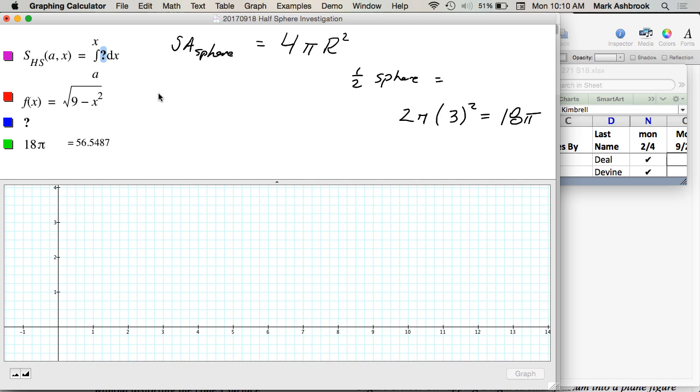So a to x. What do we think the rate of change was? 2 pi. And what is y? F of x, right? So f of x. So I'm going to do f of t dt. And then here's 18 pi. 18 pi is 56.548.